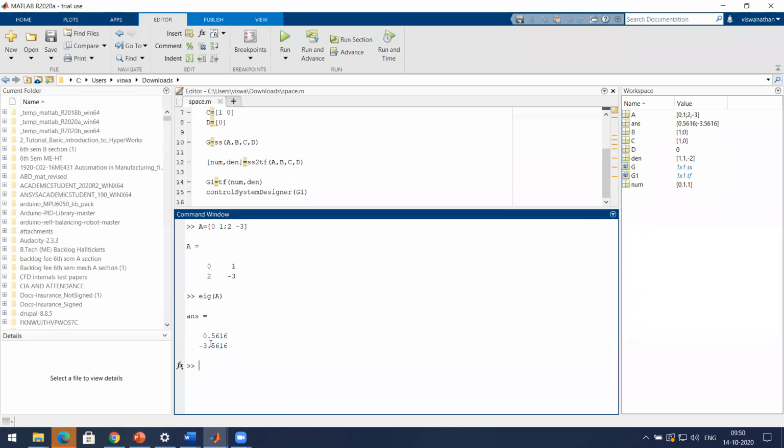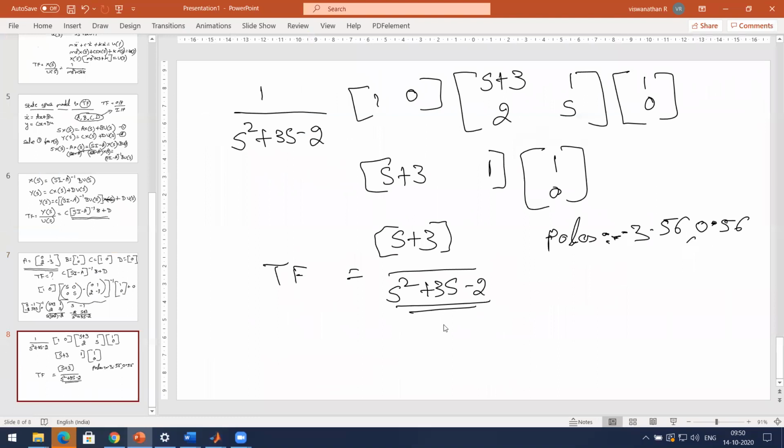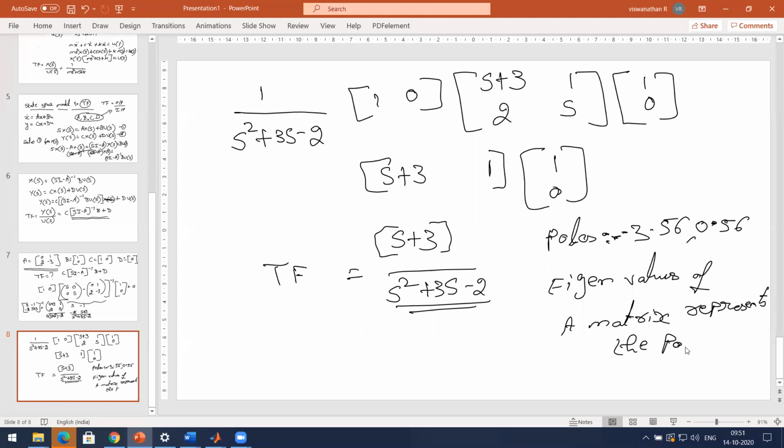Isn't this similar to the poles? Yes, sir. So what you understand from this is that the eigenvalues of the A matrix represent the poles of the system.